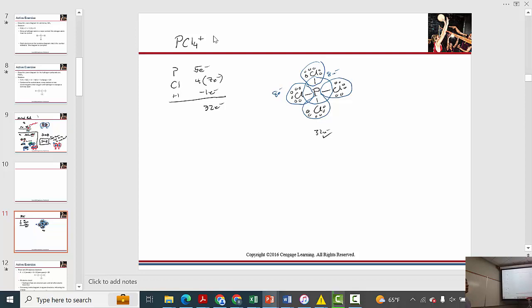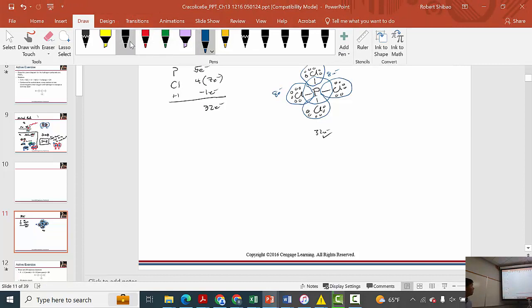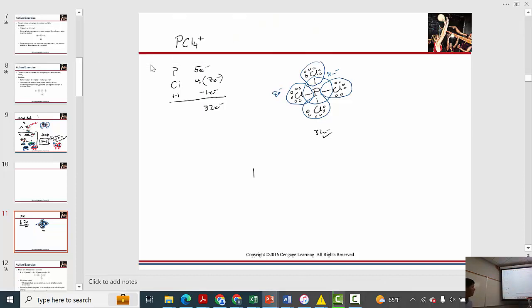Okay, the next thing we do is we make sure there's an octet, and then we check the formal charge. So when we look at the formal charge, we count the electrons differently.